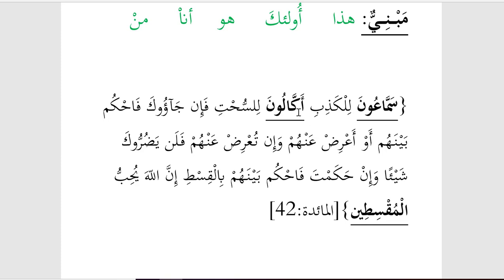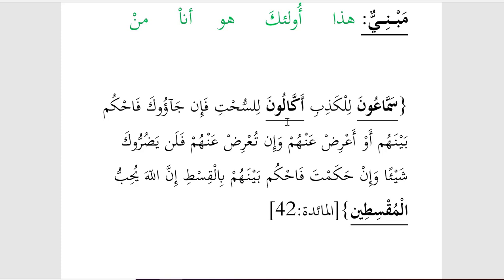Here we have akal. Can you figure out what akal comes from? That's right, it comes from akala, which means to eat. A person who eats would be considered an akil, with that madd at the beginning to mark the hamza and the alif fusing. So that would be an eater or someone who eats. But akal shows that he always eats.